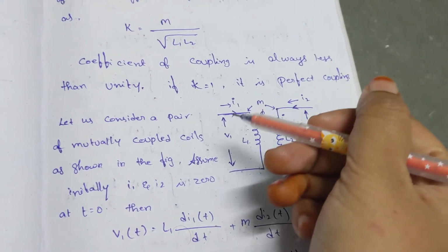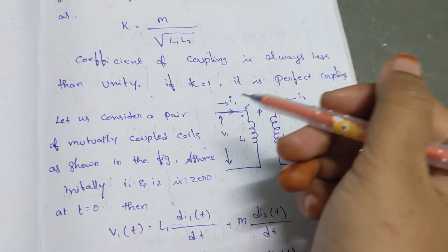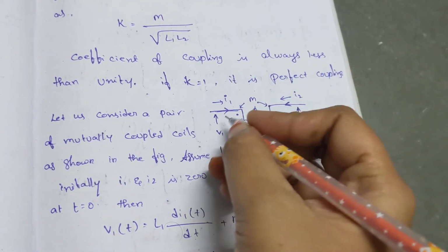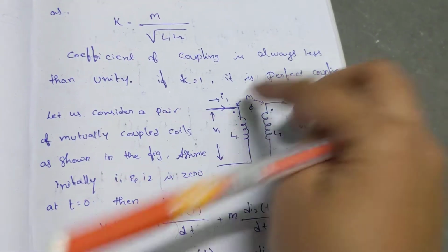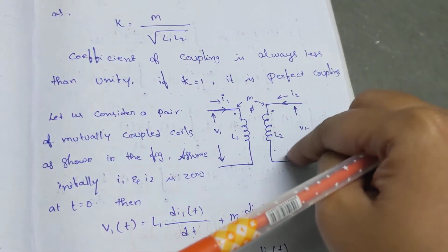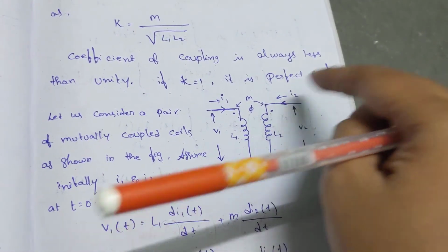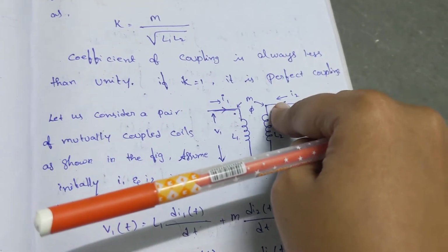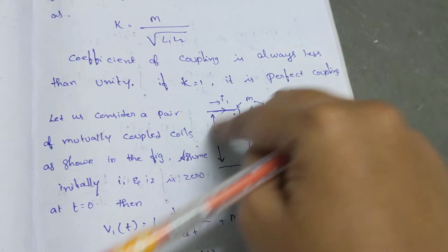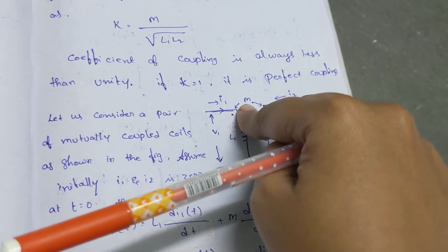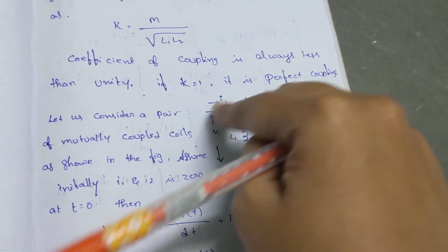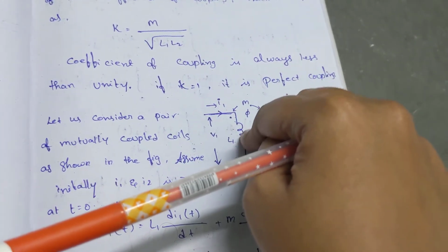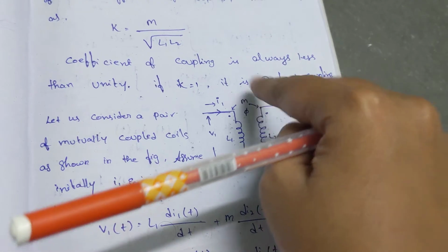Otherwise, if in one coil the current is entering through the dot, and in the other coil the current is leaving through the dot, that means I am changing the direction, at that time the mutual inductance will be negative. If M is positive, we say it is a magnetically aiding circuit.